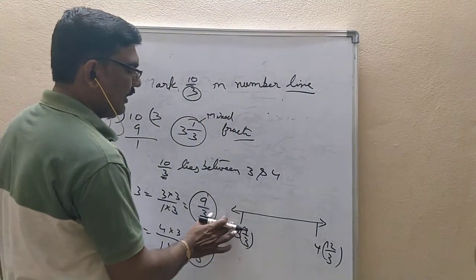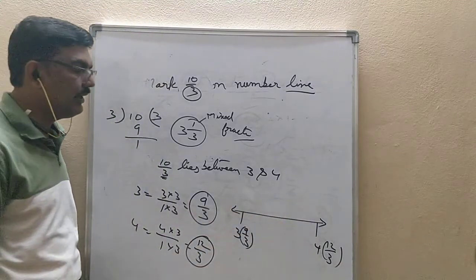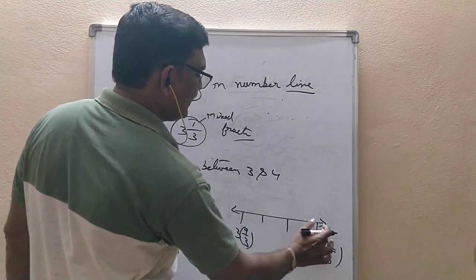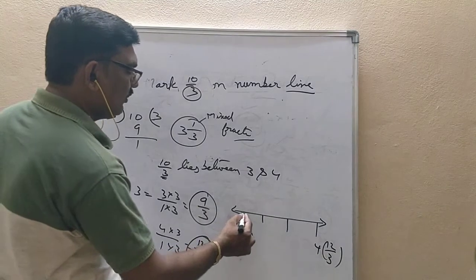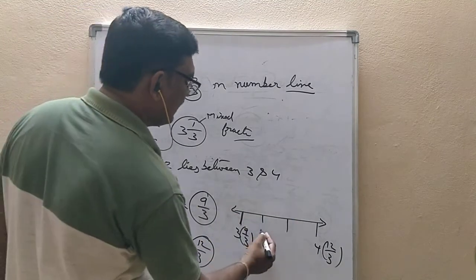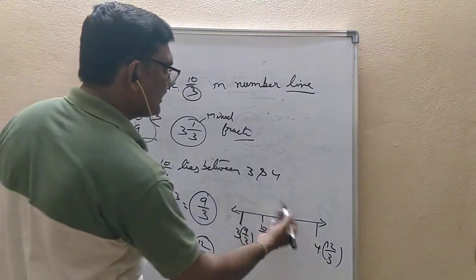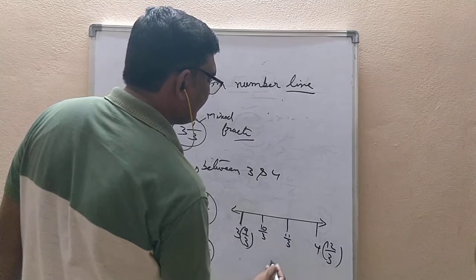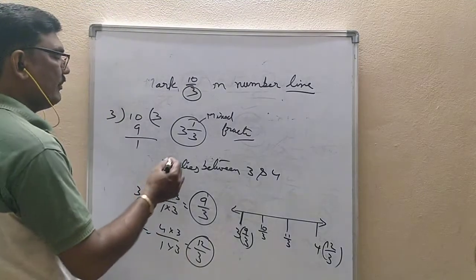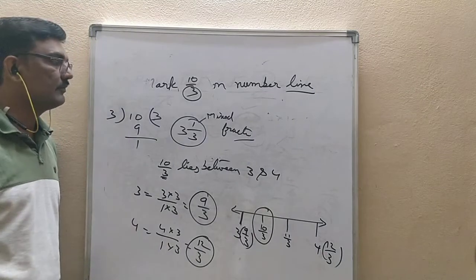Means from 3 to 4 I have to make 3 equal parts. 1, 2, 3 equal parts are done here. After 9 in the numerator, the next number is 10, so this becomes 10/3. After 10 the next is 11/3, and after 11 is 12/3, which is already there. So you represented 10/3 on the number line.